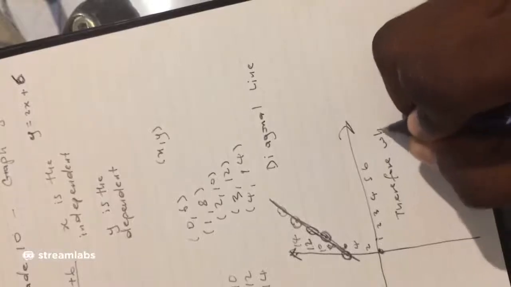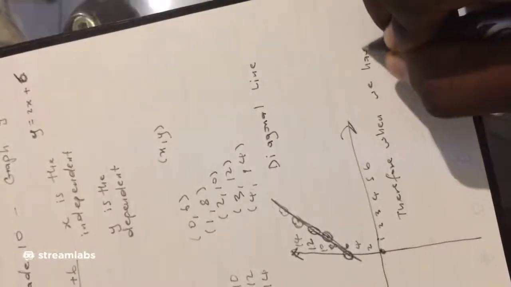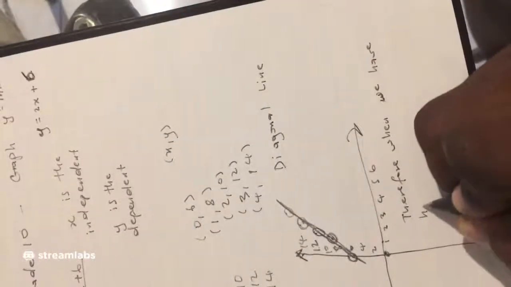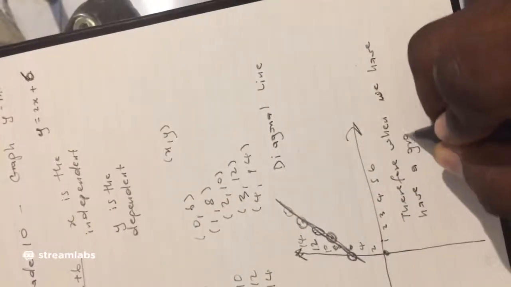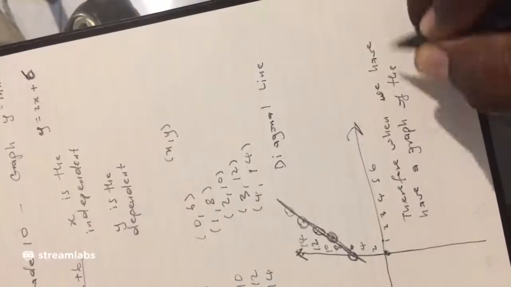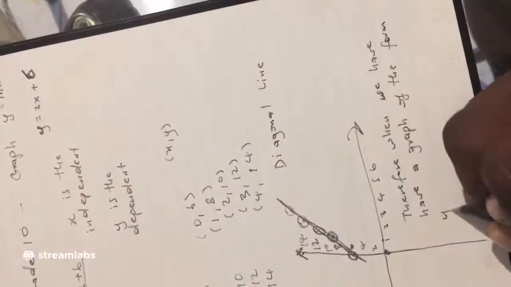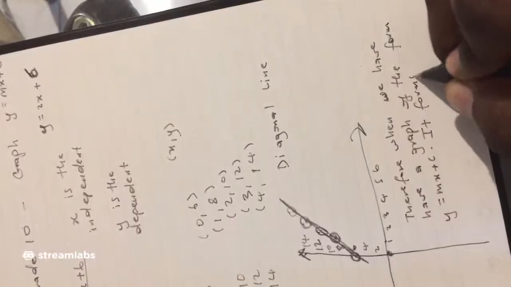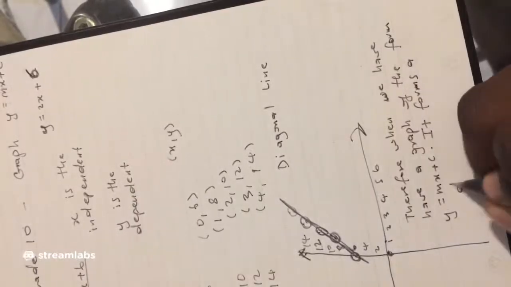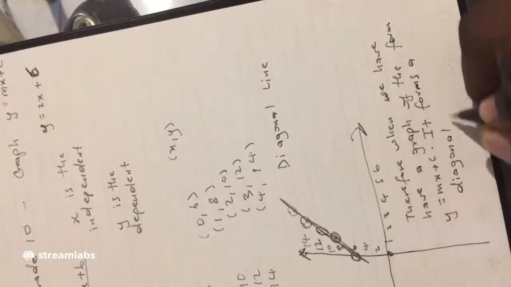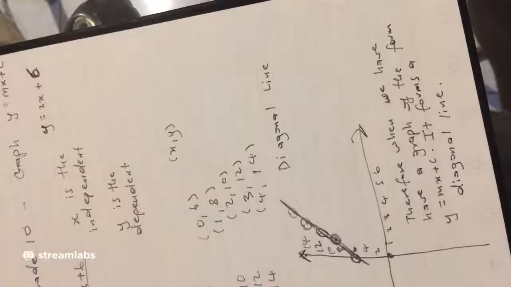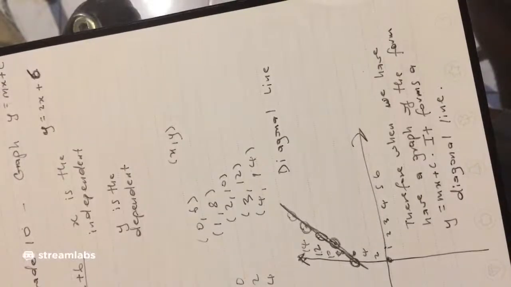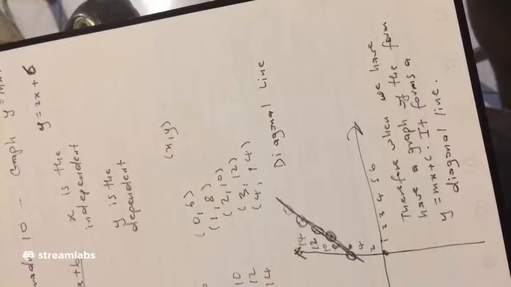Therefore, you're going to write: when we have a graph of the form y is equal to mx plus c, it forms a diagonal line.